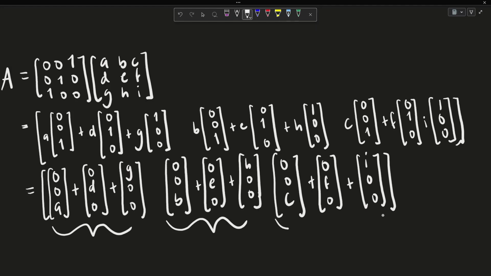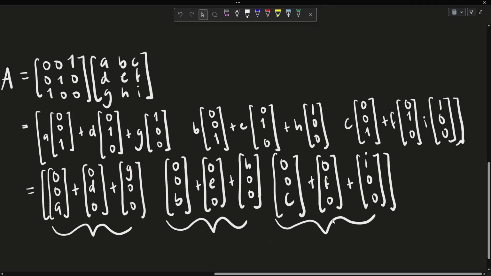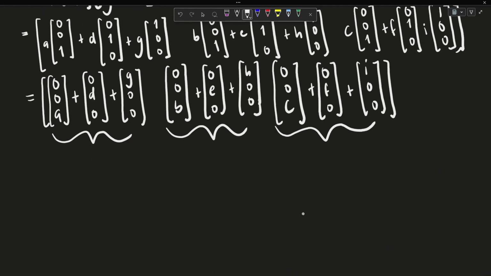And this is our third column. And so finally, we have G, D, A, H, E, B, I, F, C.